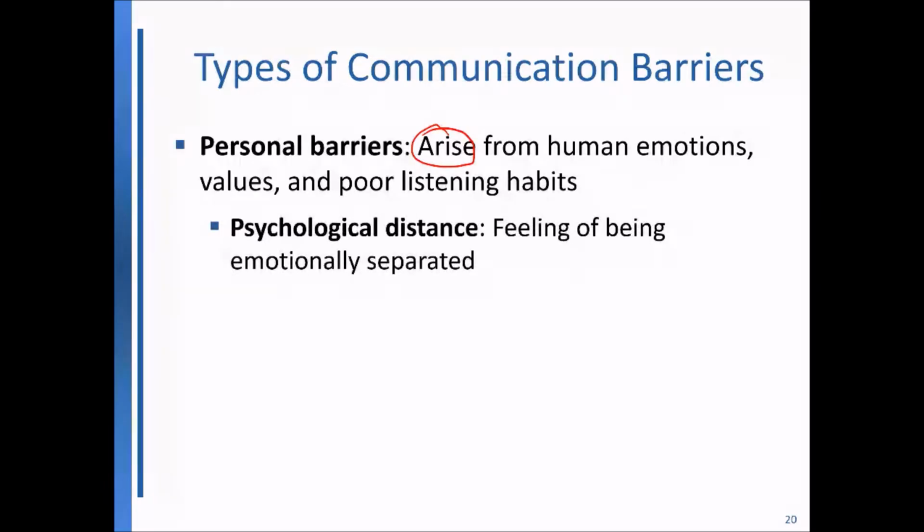Now, under personal barriers, we have what we call psychological distance. What is this psychological distance? It is a feeling of being emotionally separated. You are separated by emotion, you are separated by values. So we call this a psychological distance.